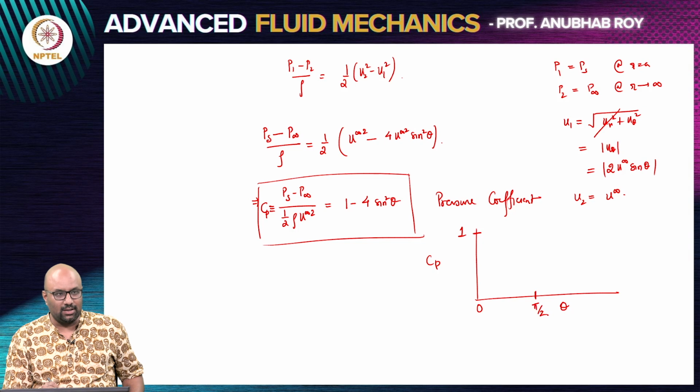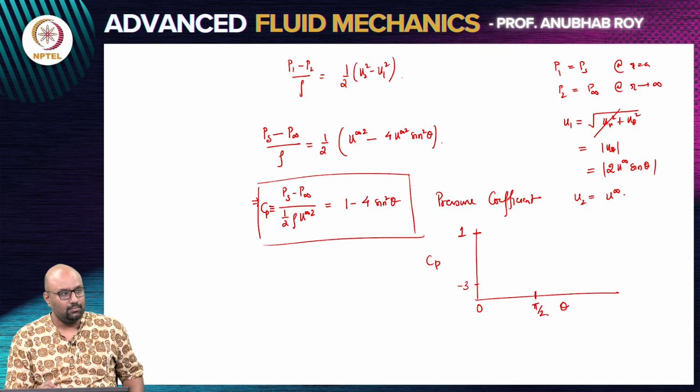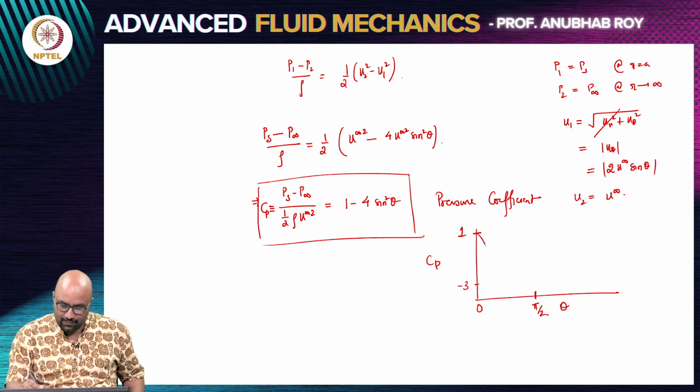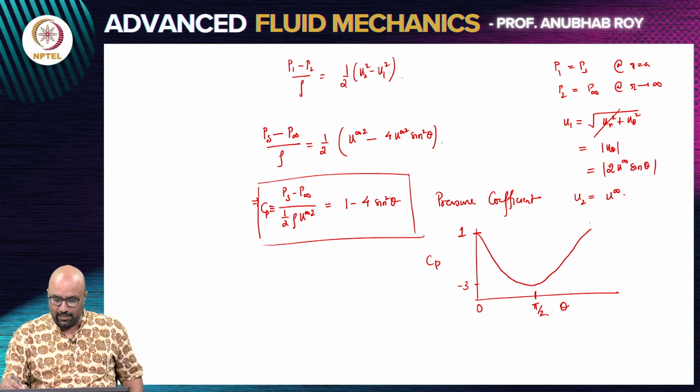The point where the pressure coefficient is the lowest is going to be at pi by 2, which gives me around minus 3. So, I will have something like this. This is 0, this is pi by 2 and this would be pi.